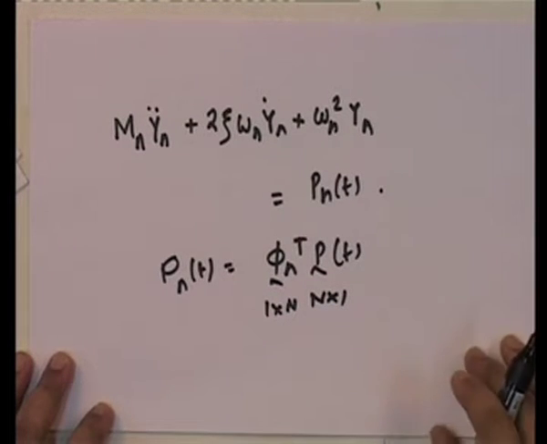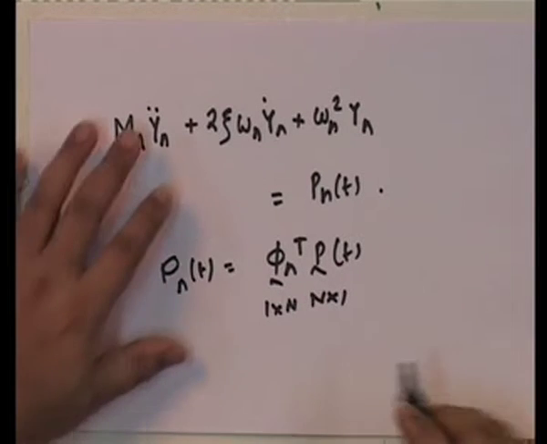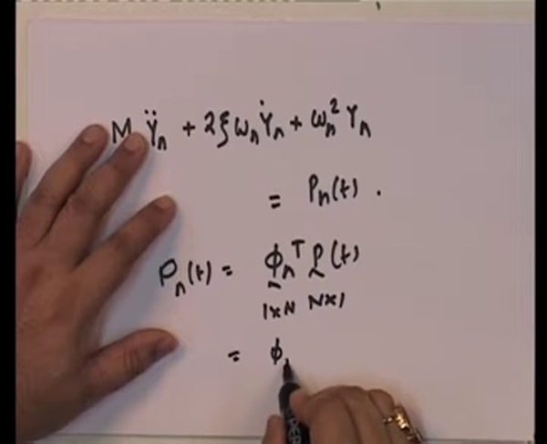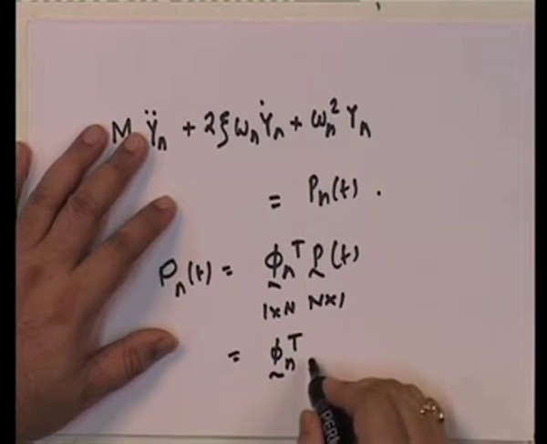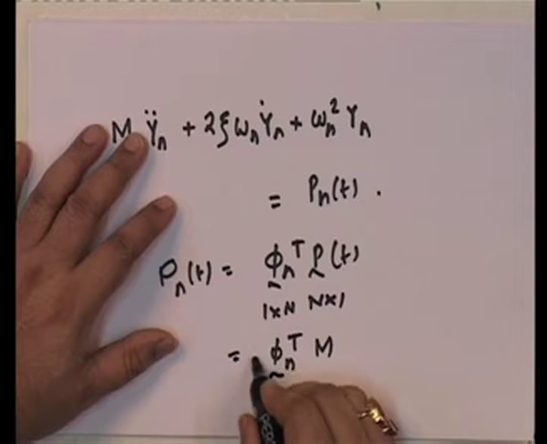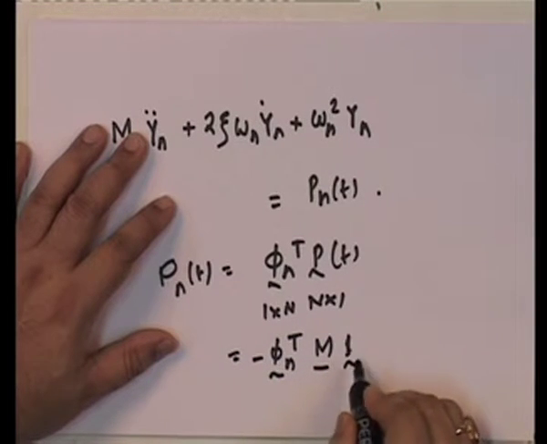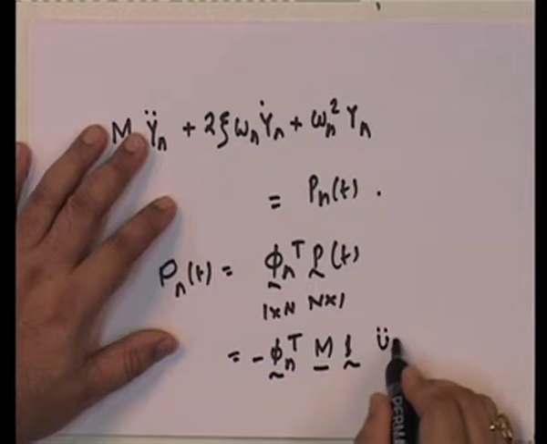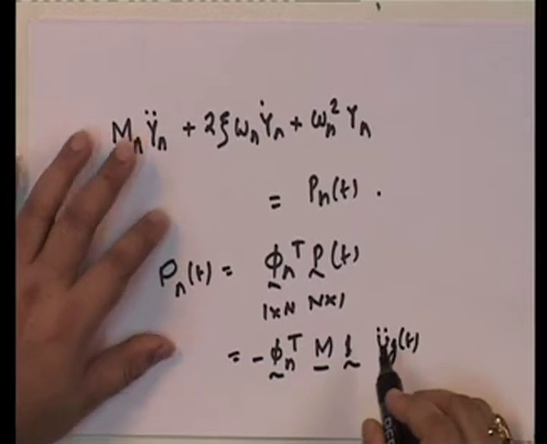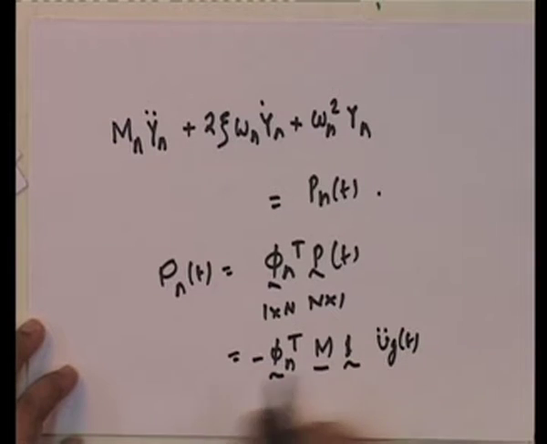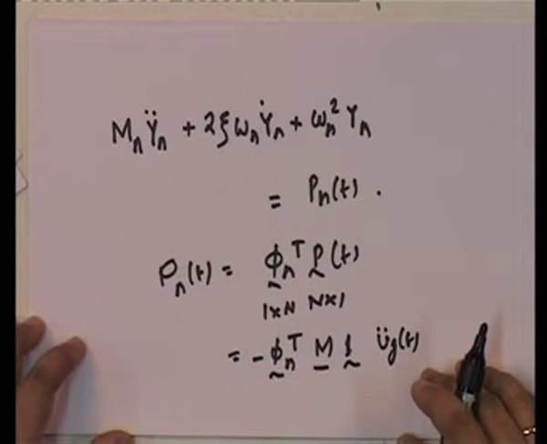Now, here in this particular case, P of t is equal to minus m into 1 into V g of t. So, this becomes my P n of t.